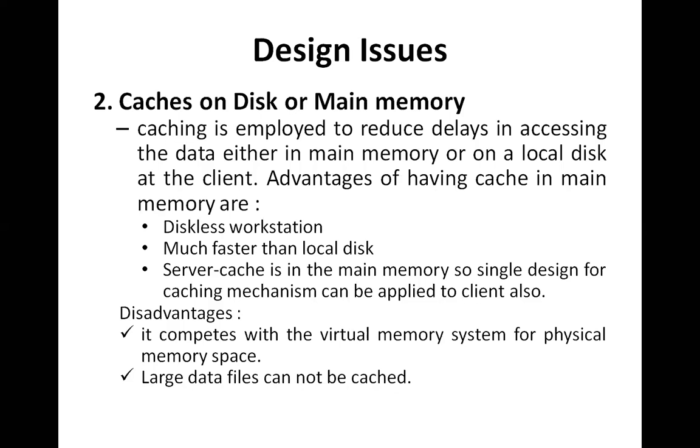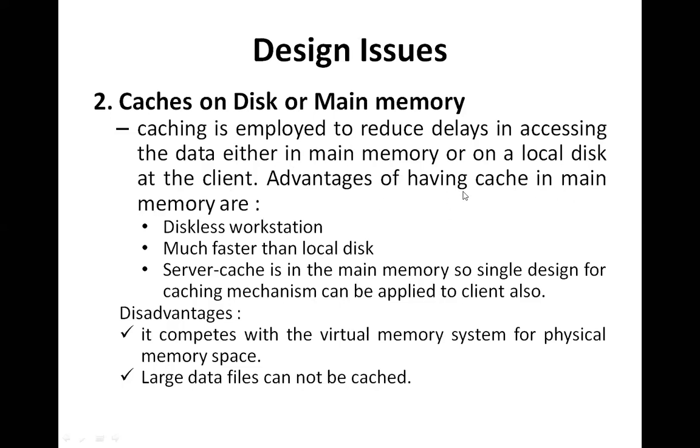Now, whether to do the caching on the disk or in the main memory is the main fundamental issue. Since either main memory or the local disk can be used to cache the information, let us see the advantages and disadvantages of one over the other.